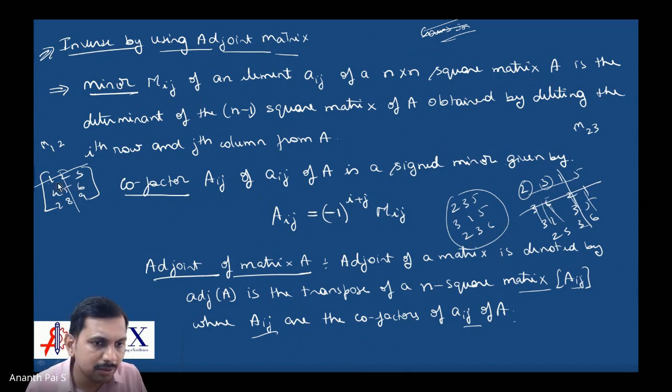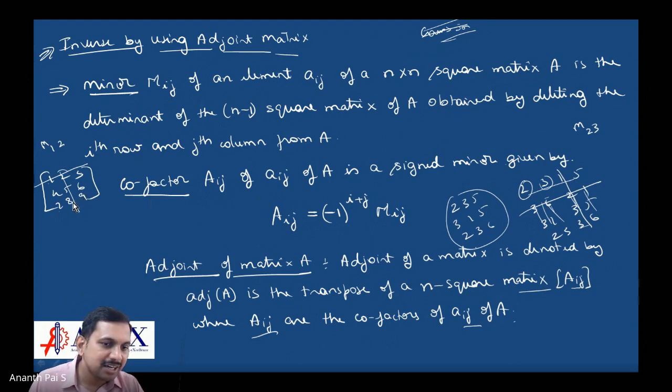For example, you have 1, 2, 3, 4, 5, 6, 7, 8, 9 as the matrix. When you have to write the cofactor matrix of this, you see, for 1, you have 5 into 9, 45, minus 48.